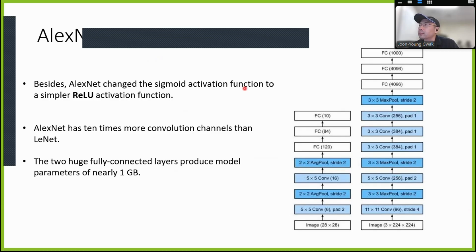And also the AlexNet here is one of the more advanced versions of the CNN. The takeaway from this is that it replaced the sigmoid activation function with the simpler ReLU activation function.